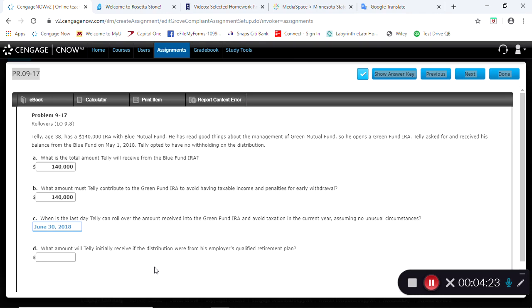So 140,000 times 80% or 0.8, because that's the amount he's going to get. The other $20,000 the company would be required to withhold. So $112,000. And that's it.